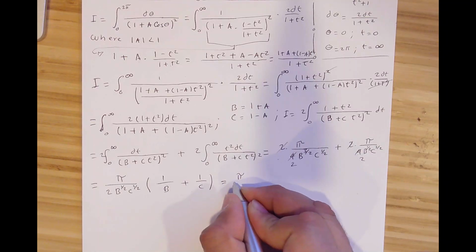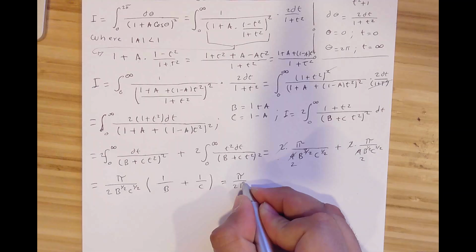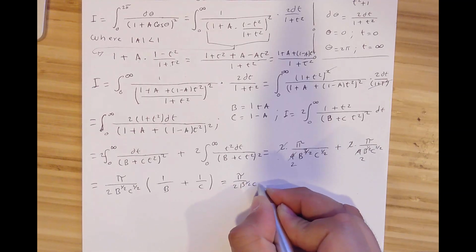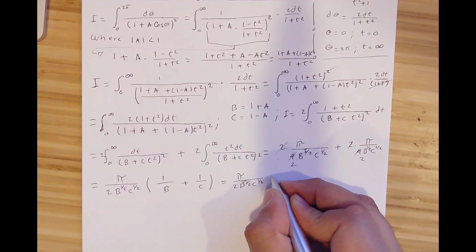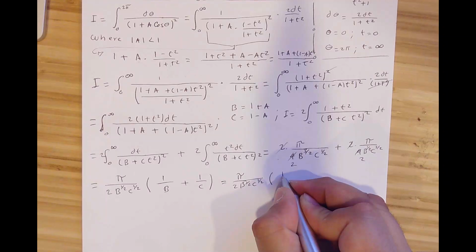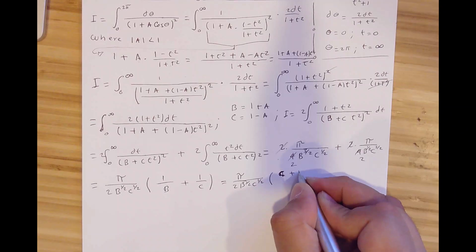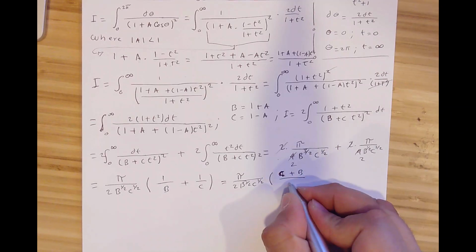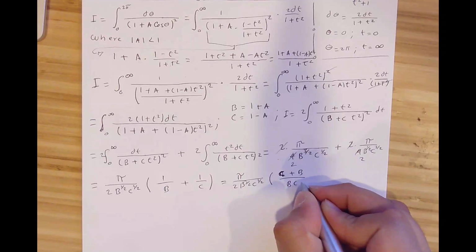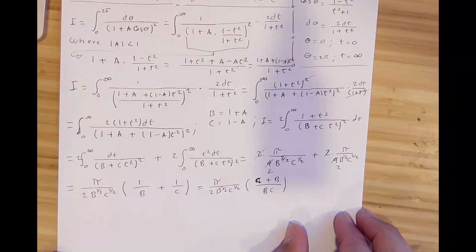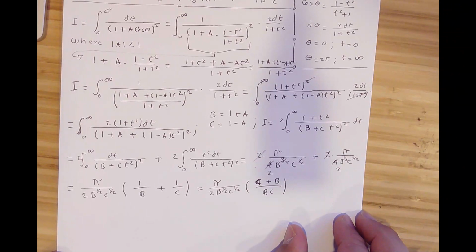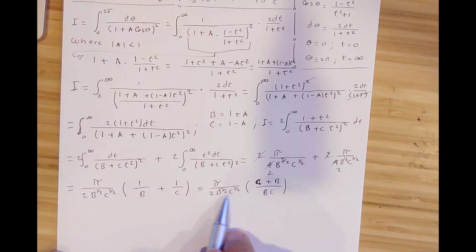We'll have here 2 b to the 1/2 c to the 1/2, right? Multiply by c plus b over bc, right?